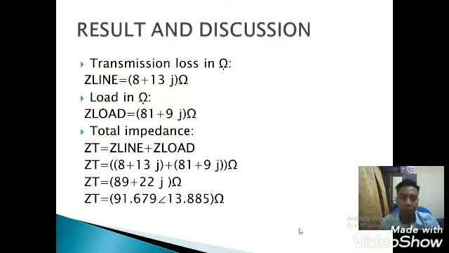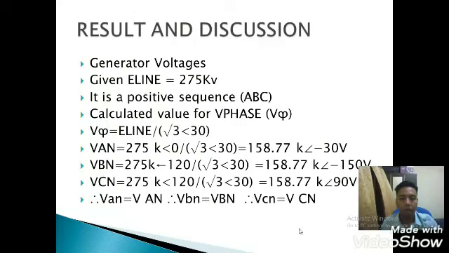So the generator voltage, as we know, the E line was given, which is 275 kilovolt. It is a positive sequence ABC. So we can calculate the value for V phase. V phase is equal to E line divided by root 3 at an angle of 30.